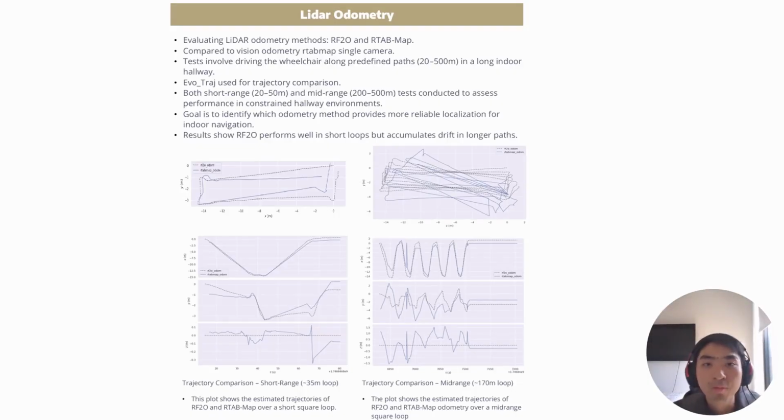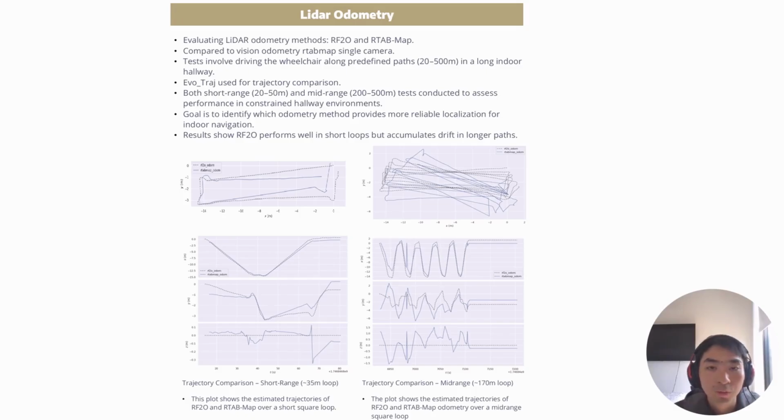Hi, I'm Jerry Khan from the LiDAR odometry team, and our task was to evaluate the LiDAR odometry methods, especially RF2O and RTAB-Map, against the vision-based odometry using a single camera RTAB-Map setup. We performed thorough tests by driving our wheelchair along predefined paths ranging from 20 to 50 to 500 meters within an indoor hallway environment.